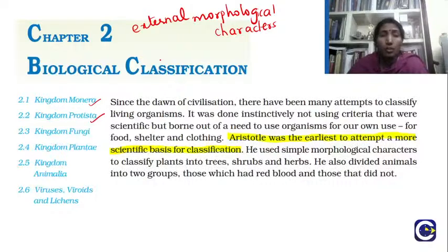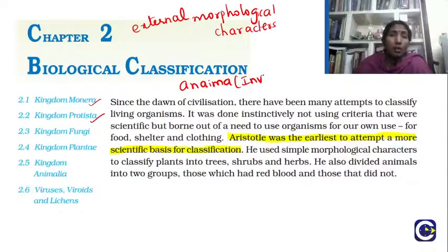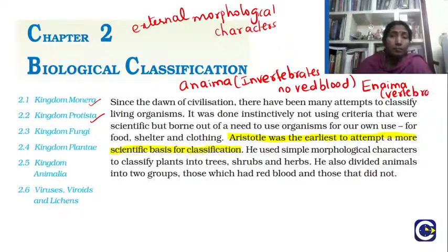Aristotle differentiated animals as Anaima, which means the invertebrates which have no red blood, and another term, Enaima, the vertebrates with red blood. So this was Aristotle's way of classifying animals in the earlier period.